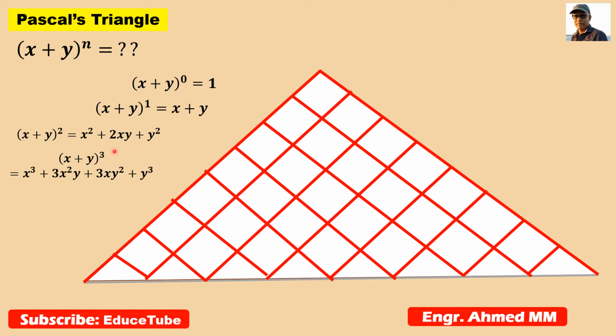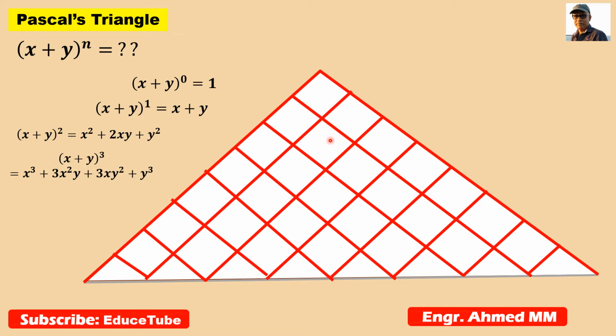If n is large, this approach becomes tedious. That is why an alternative and very simple approach is to use Pascal's triangle. Now the question is, what is the rule for this Pascal's triangle?